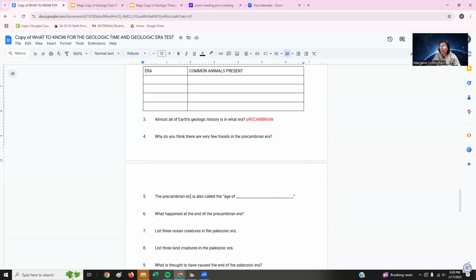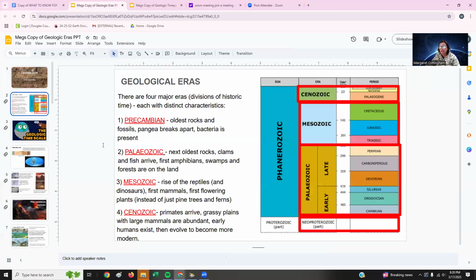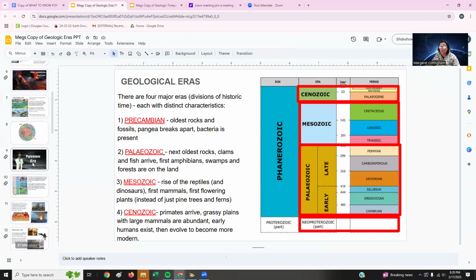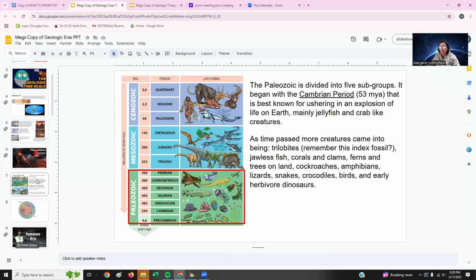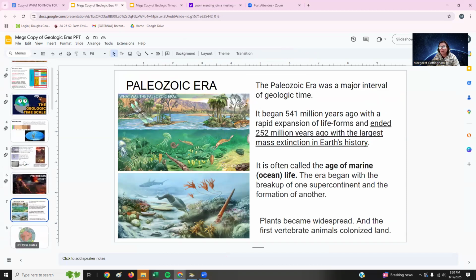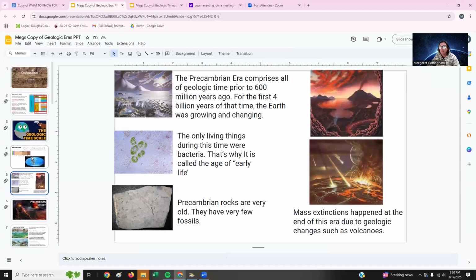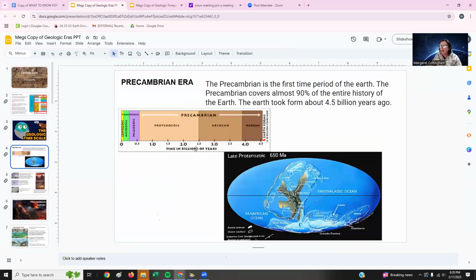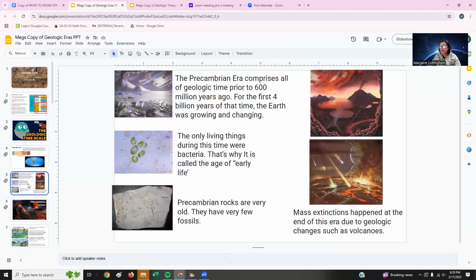The Precambrian era is also called the age of what? So we'll go back to our geological eras. And so you can scroll down here, and that's Paleozoic. So it's the age of marine life. That's Paleozoic. Where's my Precambrian? There it is. Okay. It is the first time period of the Earth. I'm not quite sure.